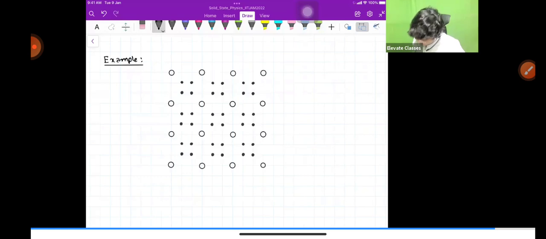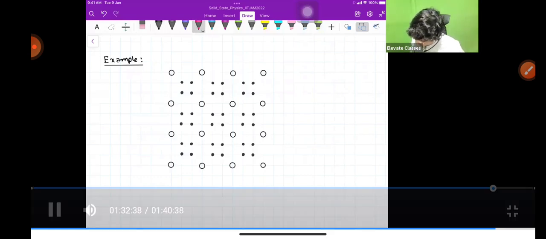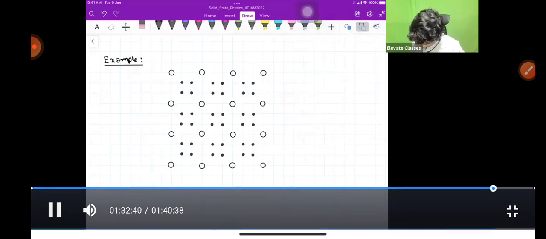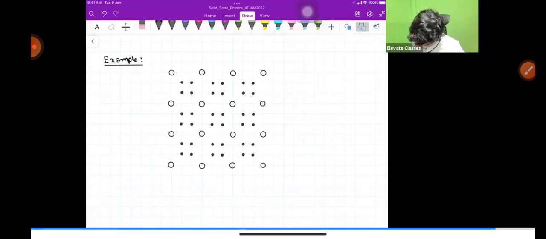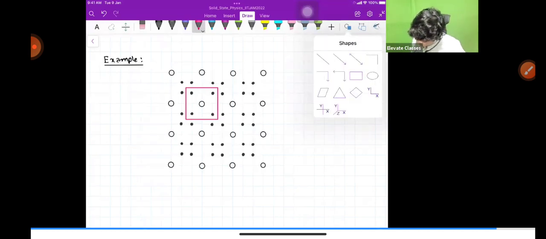Now I'll choose a lattice unit like thing, a unit cell like this. आप कुछ भी चूज कर सकते हो, यूनिट सेल ऐसे ही होगा ऐसा नहीं है, ठीक है. ये मैंने चूज किया, ठीक है. इसका डायमेंशंस जो है ऐसा कुछ है.